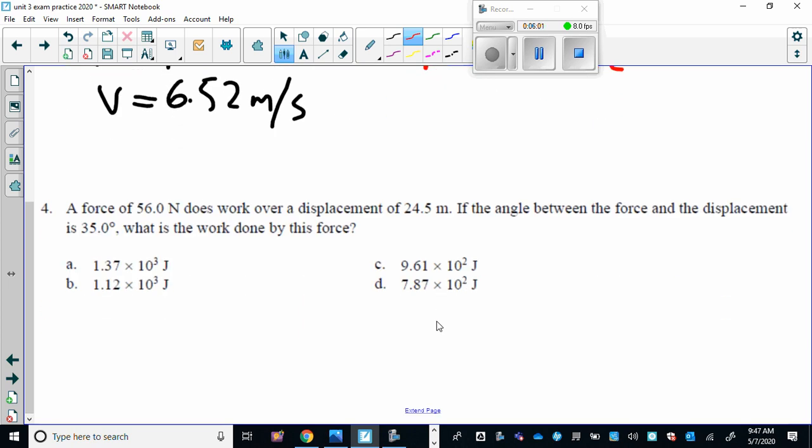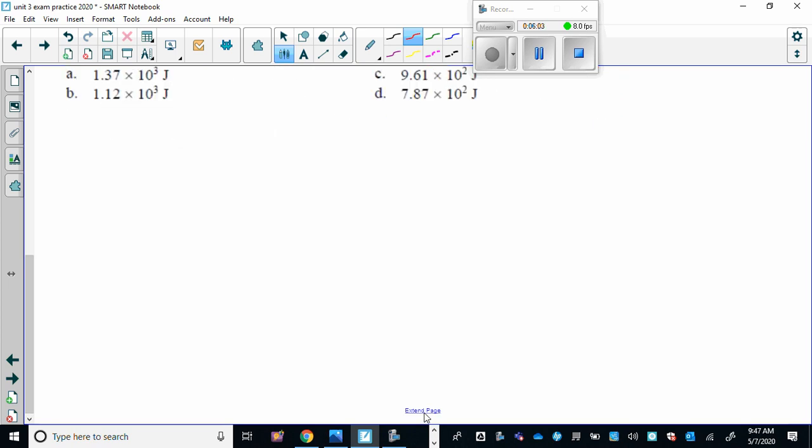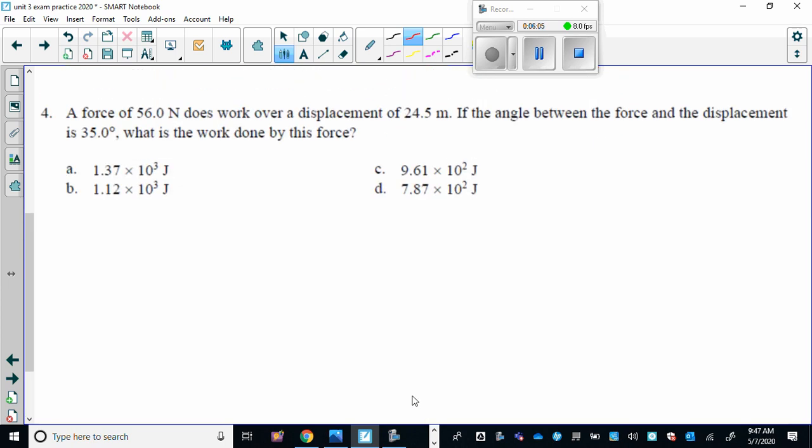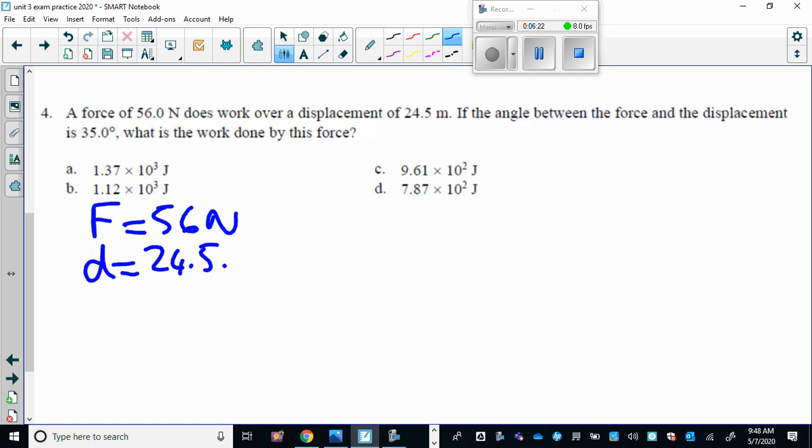Okay, number 4. So this one, if a force of 56 newtons does work over a displacement of 24.5, so let's just write in, we're given force, we're given displacement. So right away, we know we can find work.